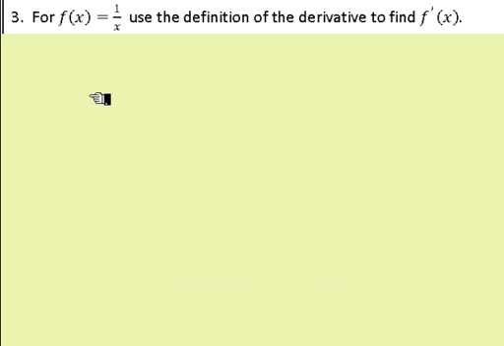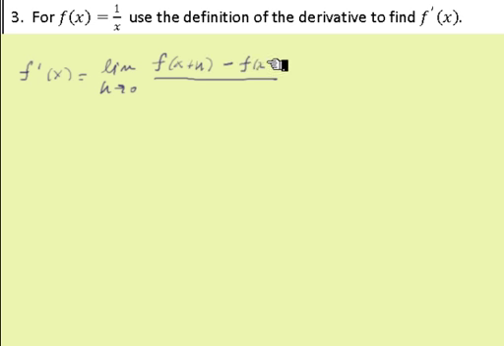In number 3, we want to use the definition of the derivative to find the derivative of f of x equal to 1 over x. Okay, so let's write that down. The definition: f prime of x is equal to the limit as h goes to 0 of f of x plus h minus f of x over h.